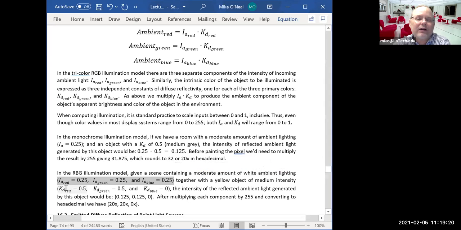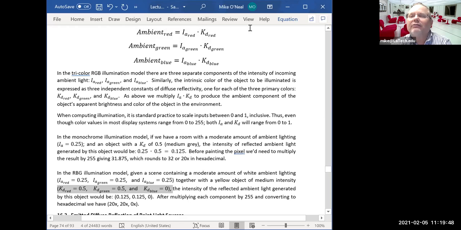But if you want to talk about the color of an object, like yellow here, I have to have a constant of diffuse reflectivity. You have to have what it is in red, what it is in green, what it is in blue. I'm just using yellow as an example. Any color except for red, green, and blue will be a mixture of red, green, and blue, so you'll have various values for each of these color channels.